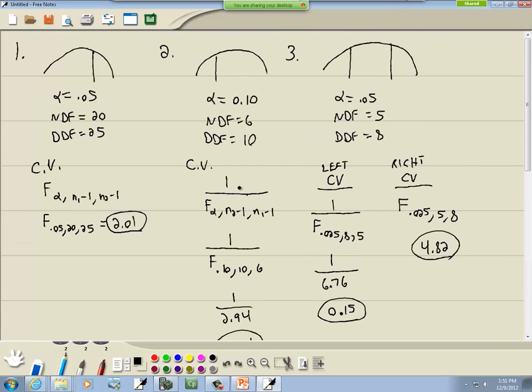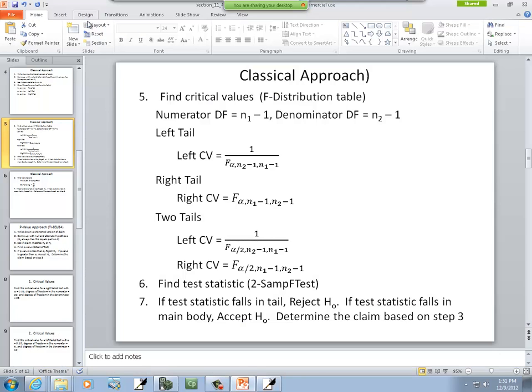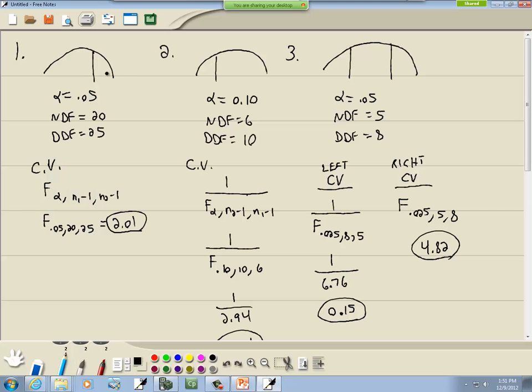Let me save that. What's this one called?